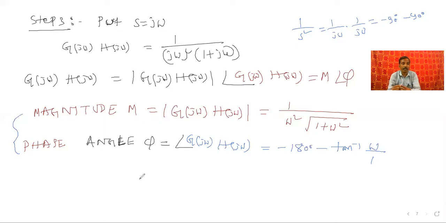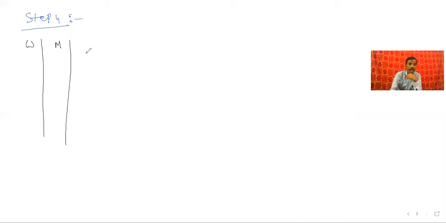Then step number 4. What is step 4? Frequency, magnitude M and phase angle phi calculation.